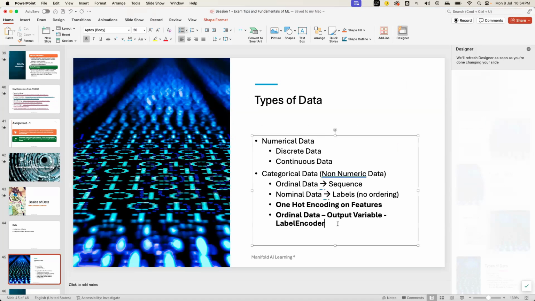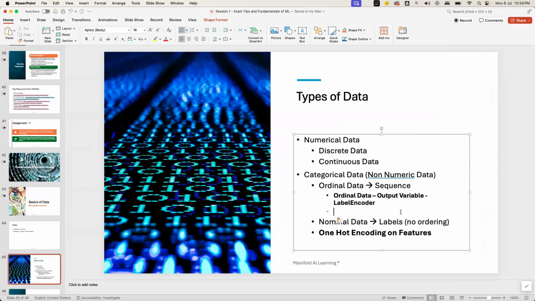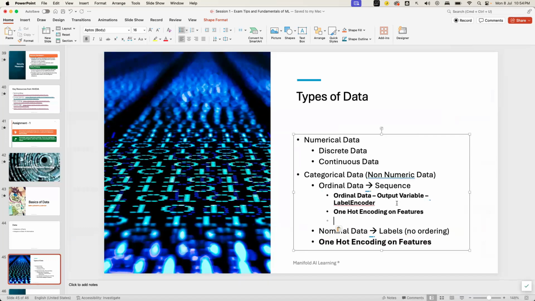So these are the two transformation techniques that we'll be applying whenever we are working with a data set. When you're dealing with ordinal data, you will generally use one-hot encoding on features, and if it is target, you'll use the label encoder. For nominal data, where there is no ordering, you'll perform one-hot encoding on features only.